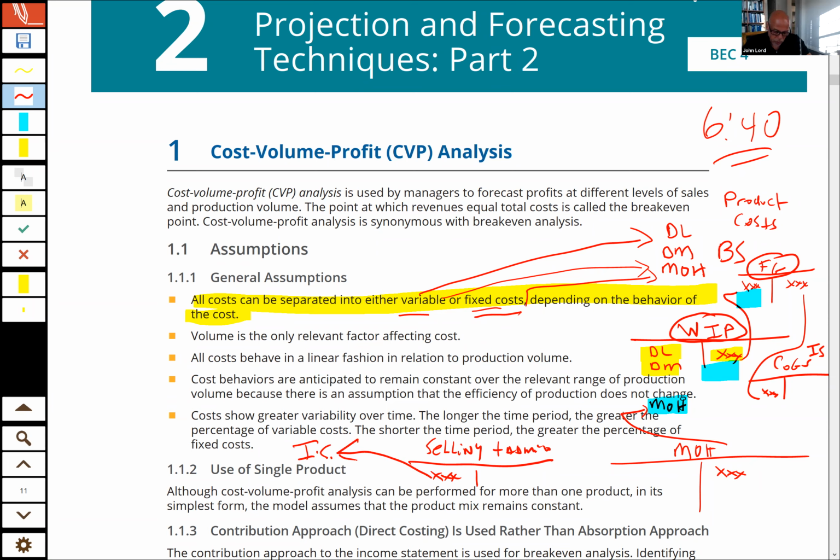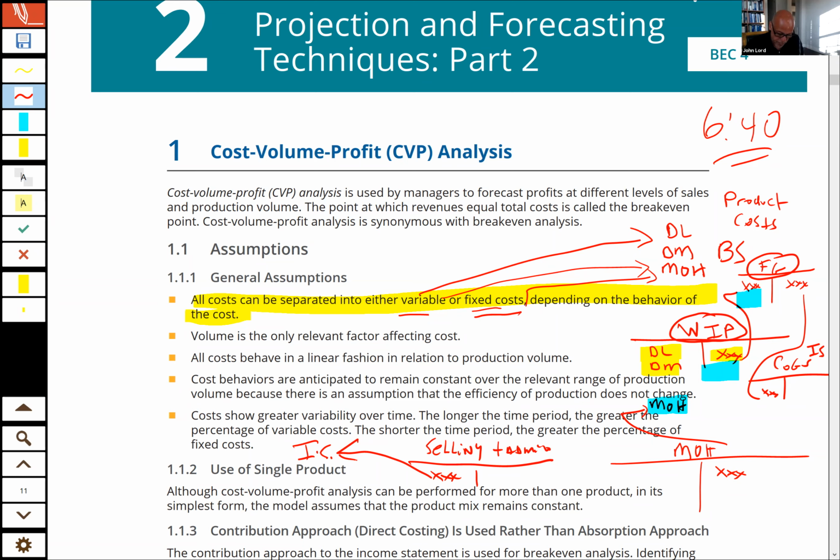Okay, good. Could there be variable and fixed selling and administrative? Yes. A variable selling expense might be commissions. A fixed admin expense might be the CEO salary.